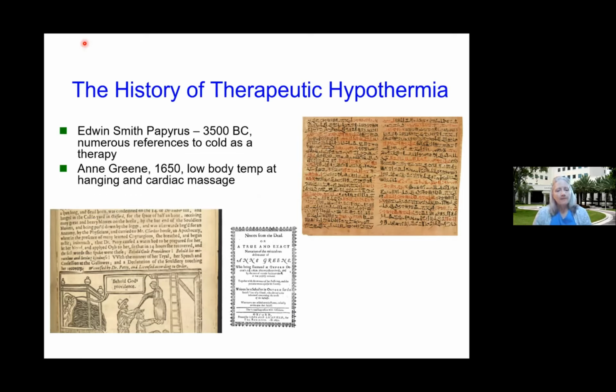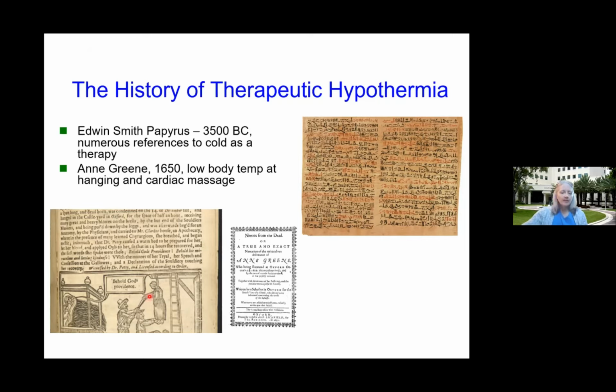And next up we had, this is an interesting case report. If you haven't seen this, probably most of you have, but Anne Green was hung in 1650. She had a stillborn birth, and she was accused of murder, and she was found guilty. So they hung her, and it was very cold outside, and her family was also pumping on her chest with a stick, as you can see here, and pulling on her legs.